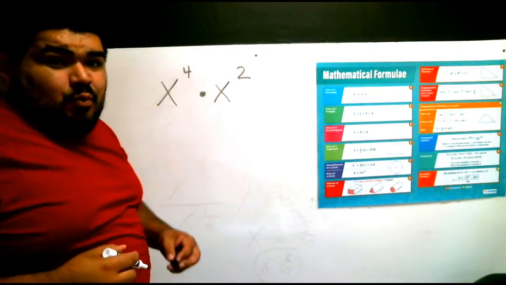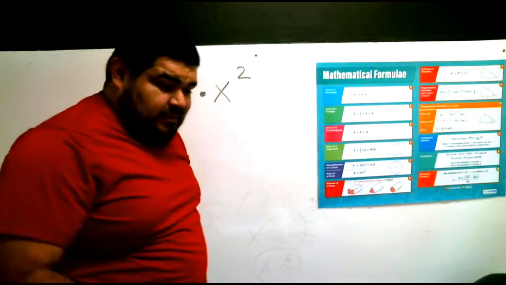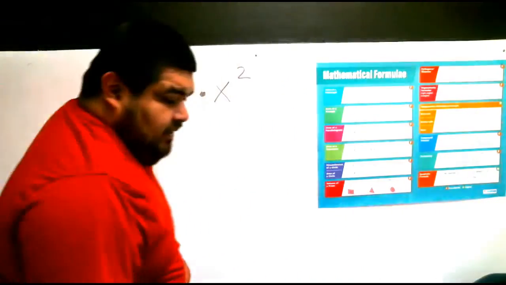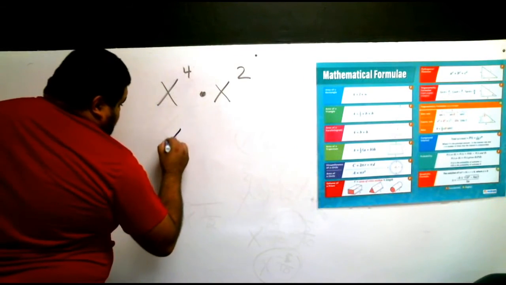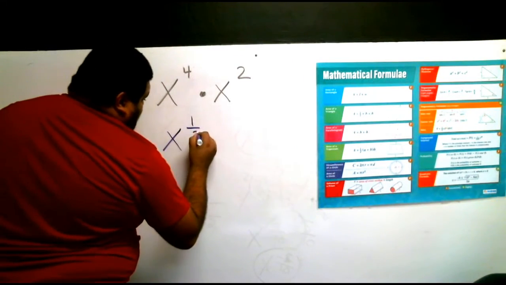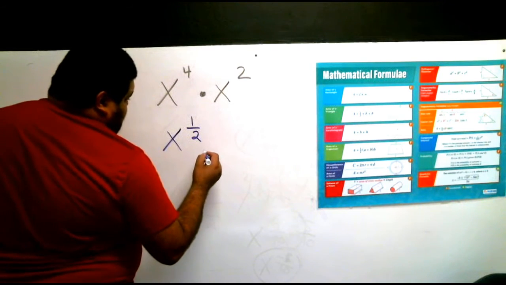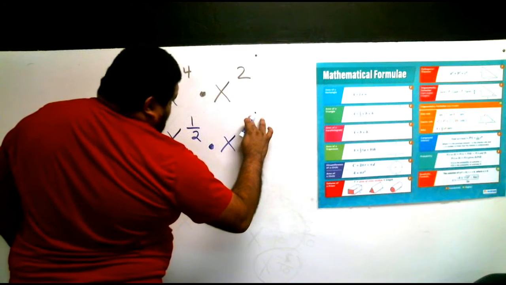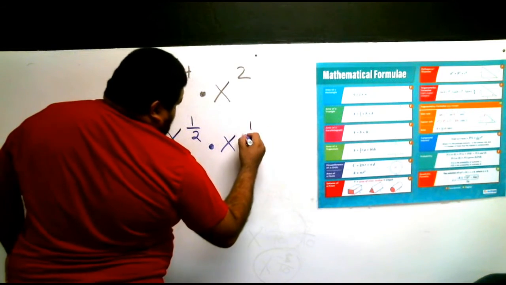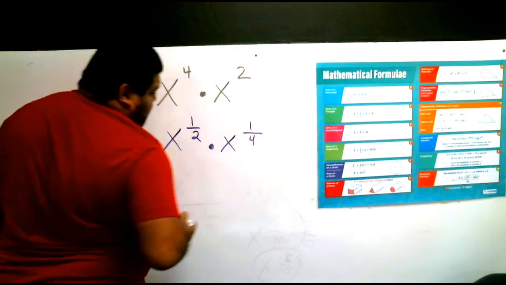That is your first assignment. Your second one is x to the 1/2 times x to the 1/4.